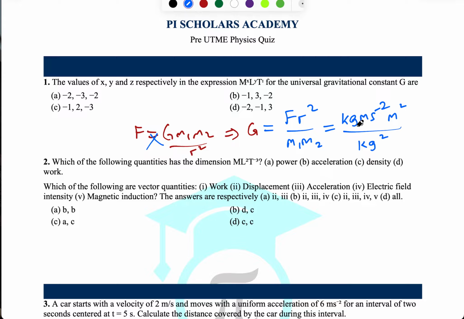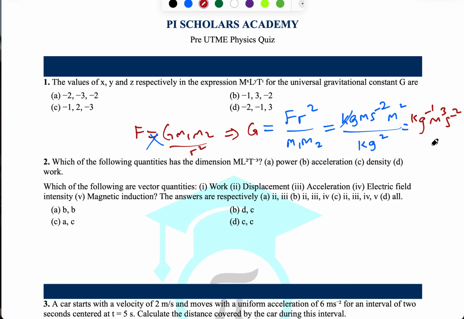If you get rid of these, one of these kilograms will cancel out, or you can use indices. Kilogram raised to power 1 over kilogram raised to power 2, that's kilogram raised to power 1 minus 2, and that is going to be kilogram raised to power negative 1. Then this is meter here, and this is another meter here, so that we have meter raised to power 3, and then we still have second raised to power negative 2.